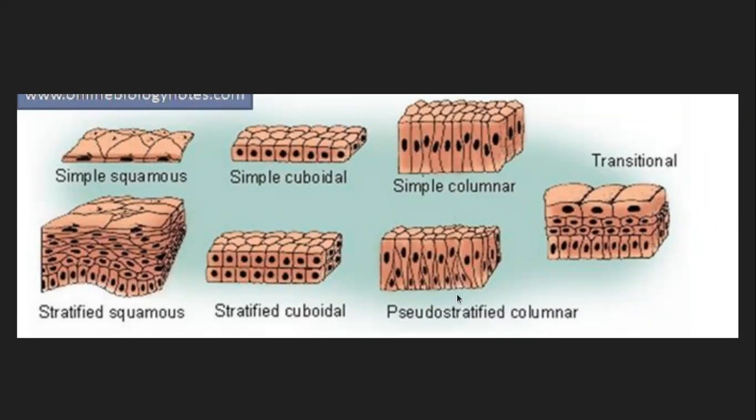And transitional is not part of the syllabus, so we have skipped it, but it is nothing but three or four different types of cells like columnar and cuboidal and squamous and so on. Otherwise these were the types of the cells based on their shape, and they also had a specific location within the body that you can revise from the slides.